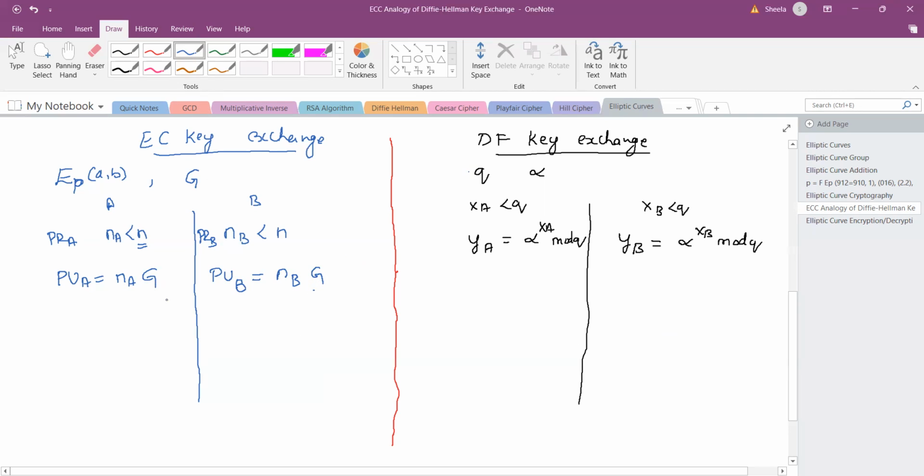And the next thing is we have to exchange the public keys to find out the session key.